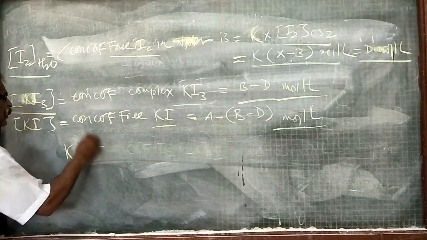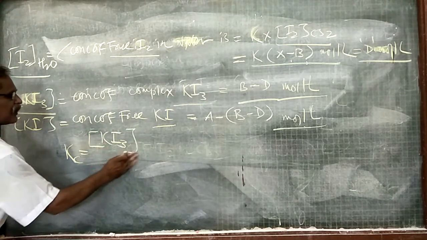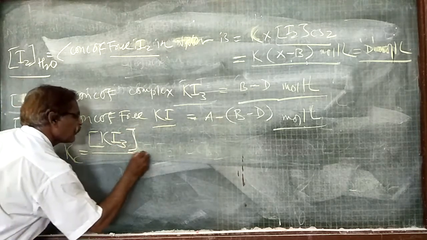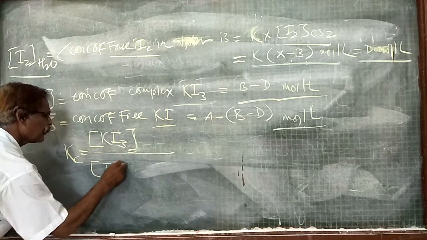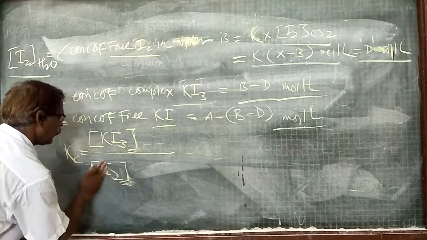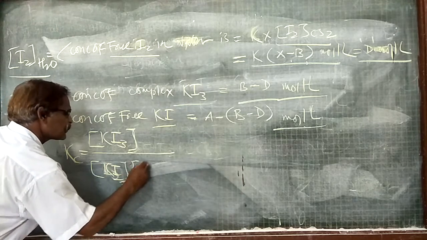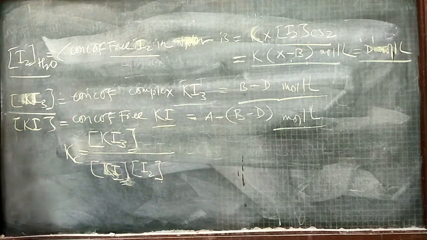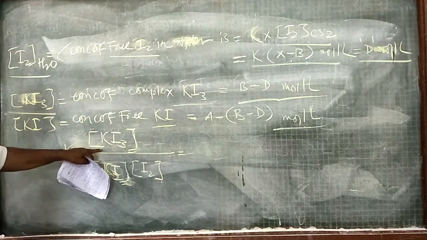Kc is equal to the concentration of complex potassium triiodide at equilibrium divided by the concentration of free iodine into the concentration of free KI.